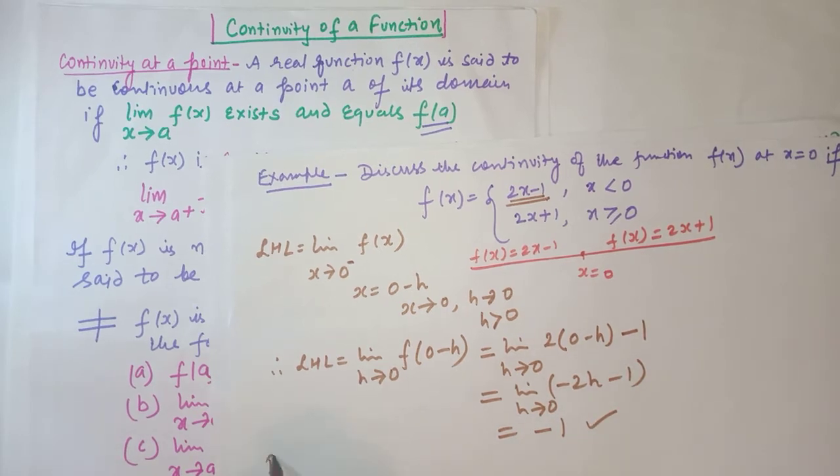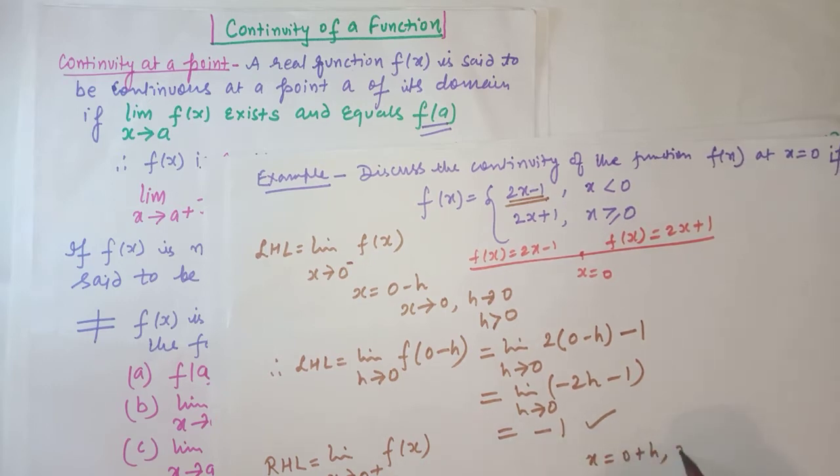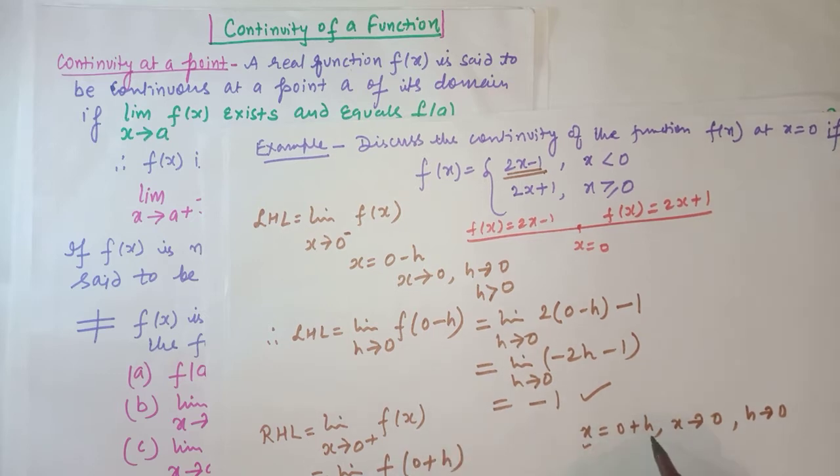Now similarly we find the right hand limit. Again we will take the right hand limit as x tends to 0 plus of f(x). So we'll substitute here x equal to 0 plus h, and as x tends to 0, h tends to 0. So here we have 0 plus h, because x is 0 plus h.